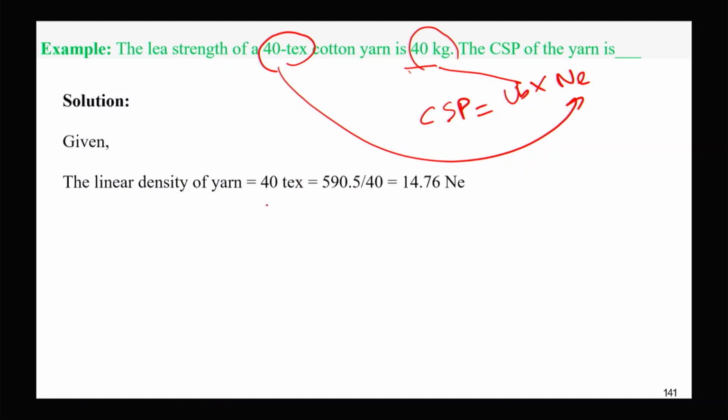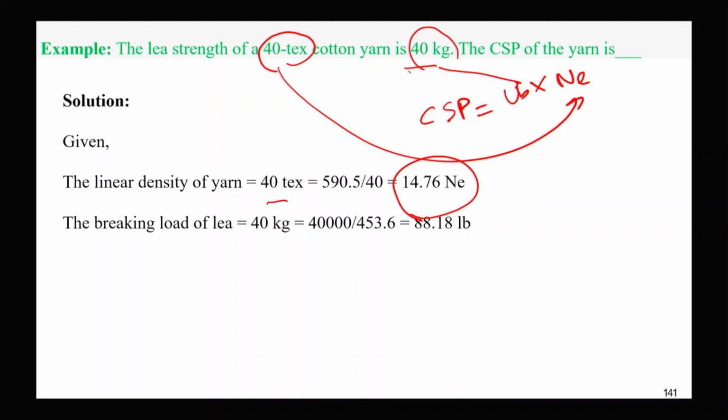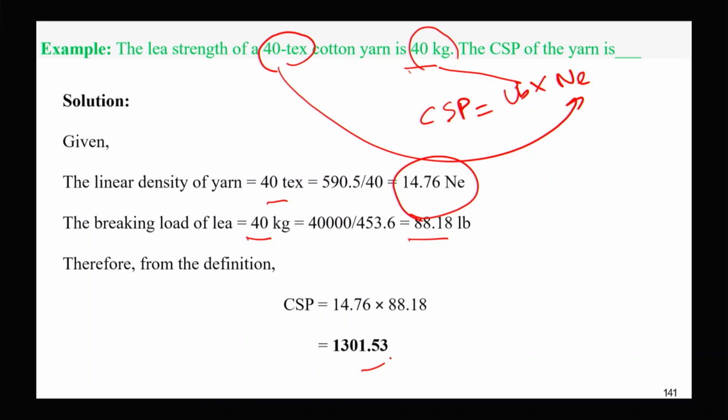So 40 tex is equal to 14.76 English count NE, and the breaking load of the lea, 40 kg, is 88.18 pound. And from there, by definition, if we multiply, we get the CSP, 130153.